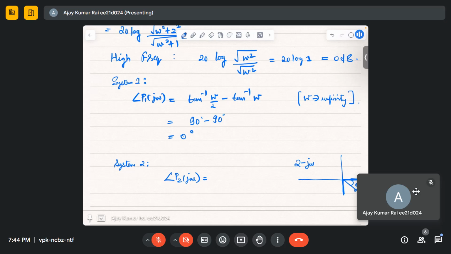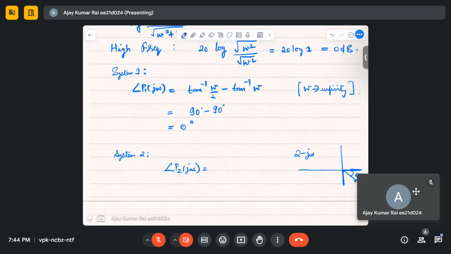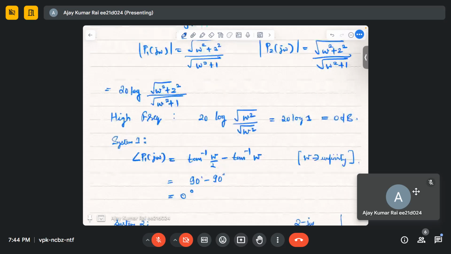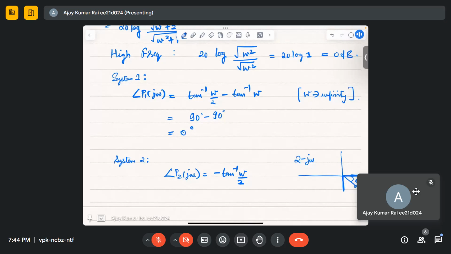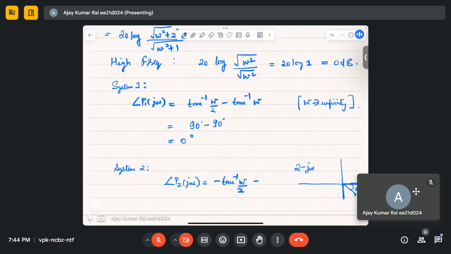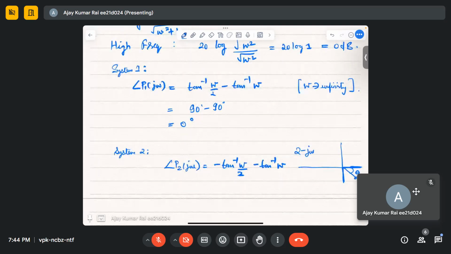So that angle is minus tan inverse of imaginary by real part. For the numerator this is the angle, and for the denominator the same, minus tan inverse of omega by 1, which is omega. I've shown that 2 minus j omega lies in the fourth quadrant, and this is how we calculate the angle, where this is 0 degree.